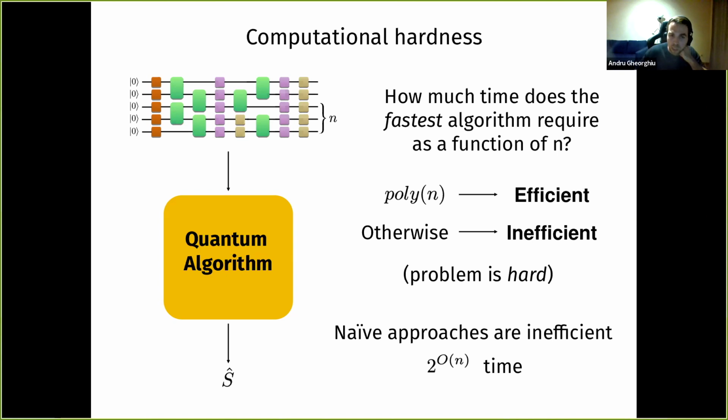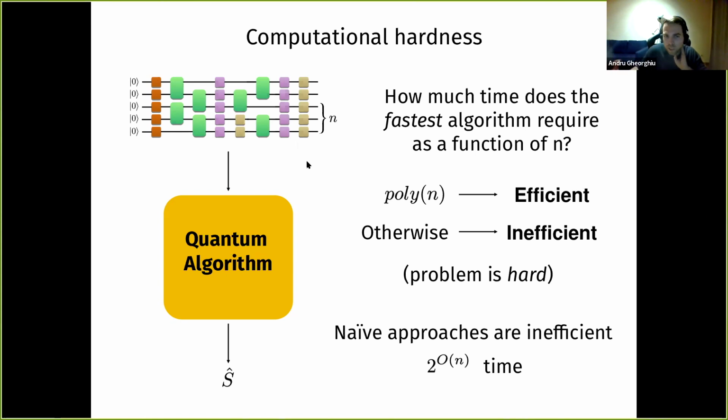We can immediately see that naive approaches to solving this problem would be inefficient, because what you could imagine doing is, for instance, computing what the output density matrix would be, given the description of the circuit. But of course, that would require exponential time in the number of qubits. What you could also do in the quantum case is use the circuit to prepare multiple copies of the state.